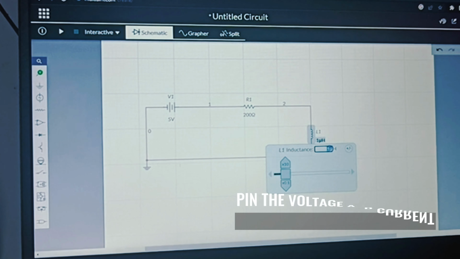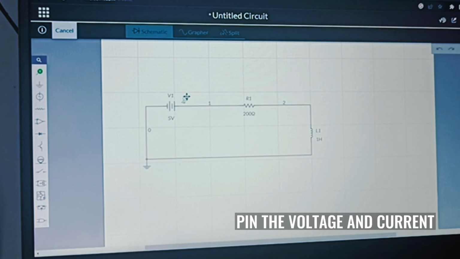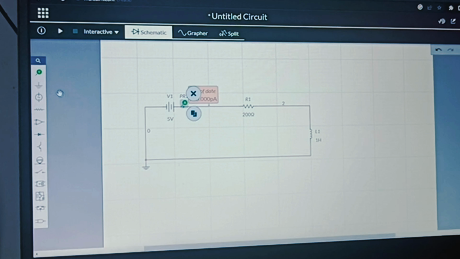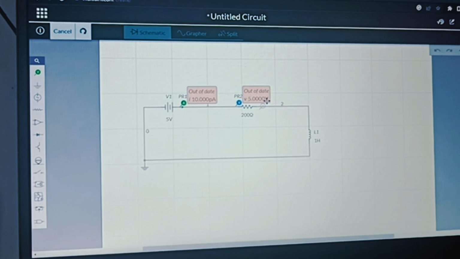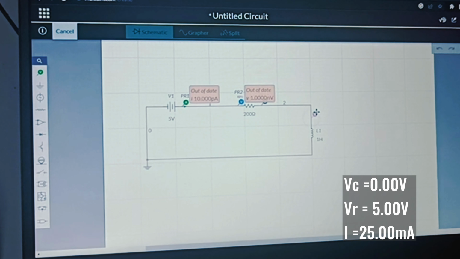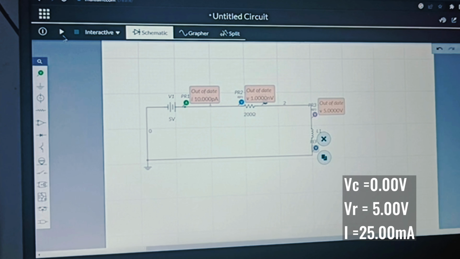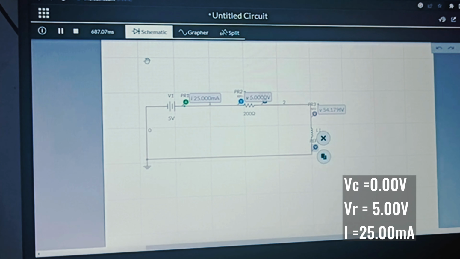After that, we pin voltage and current annotation in the circuit to get the data of voltage and current flow through the circuit. We get 35 milliampere, 5 volt at the resistor, and 0 voltage in the inductor.